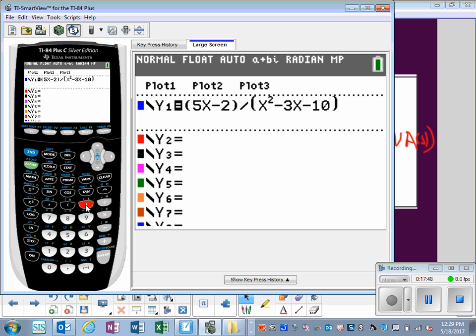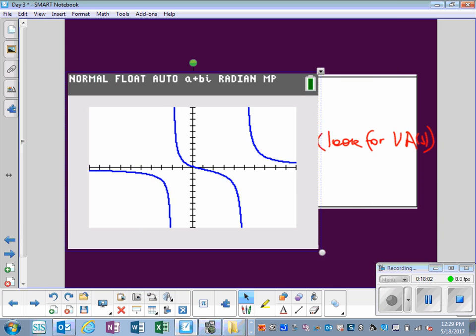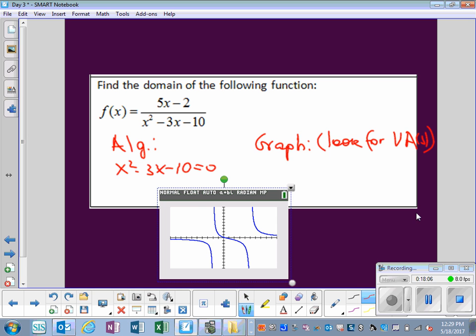Close parentheses. So if I look at my graph, I will clearly see where the asymptotes are. See, now we have, instead of just 2 parts of the graph, I have 3 parts of the graph. And so it looks like there are 2 vertical asymptotes as I expected. One right here and one right here.